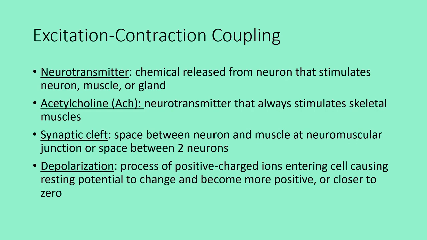So it's a negative number because it's negative inside. Depolarization is the process of where you're taking that resting potential and you're making that more positive. You're getting it closer to zero. So if you're normally at rest around minus 70 millivolts, if you were to change it to minus 60 millivolts, that's getting closer to zero. So that would be a depolarization.